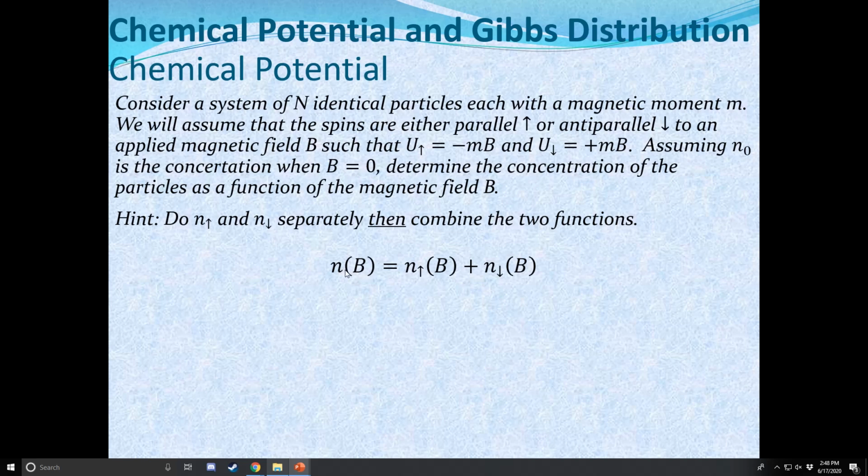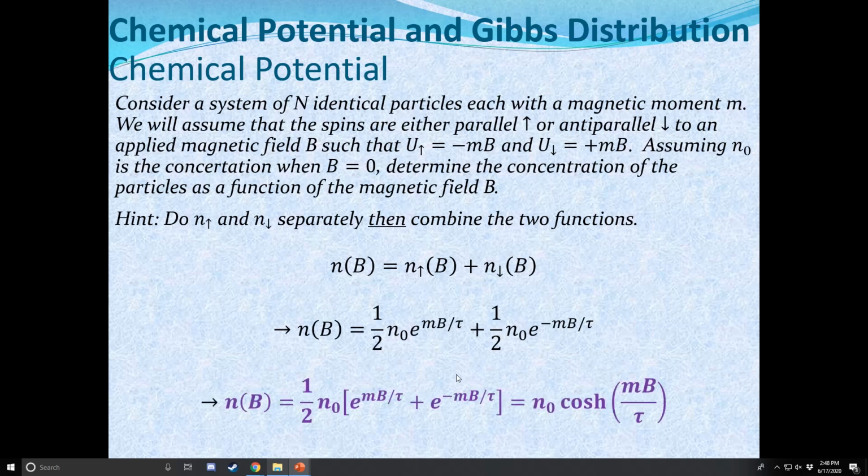So then from there, we can finally get the final answer by saying that the concentration as a function of the magnetic field will just be the sum of these two equations, which we can simplify a little bit by pulling out a 1/2 and n0 from each term, leaving us with this.